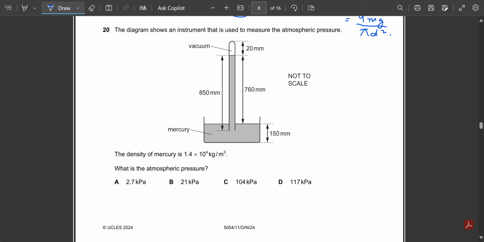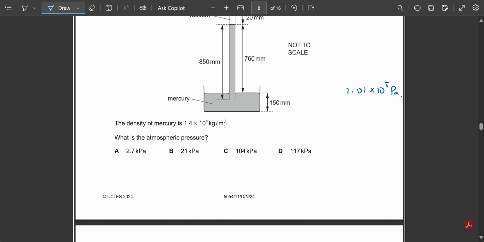Okay, so now it says the density of this. What is the atmospheric pressure? Atmospheric pressure, you should know, is 1.01 times 10 to the power of 5 pascals. But since he's asking us to calculate from here, we are going to use this height.